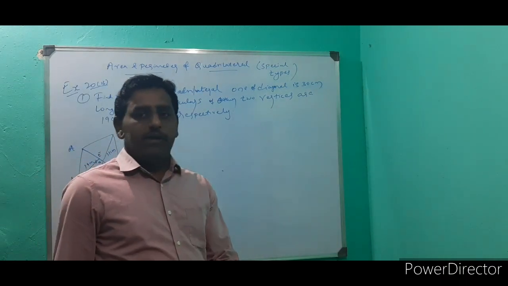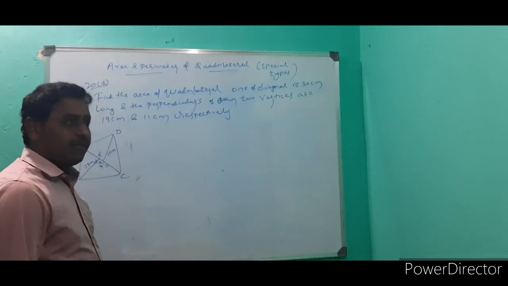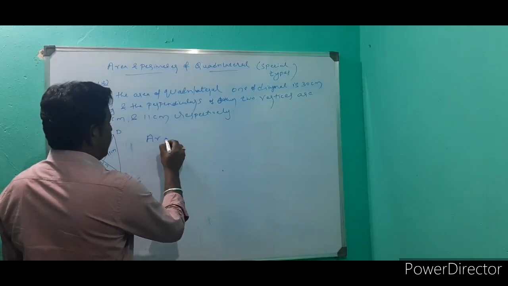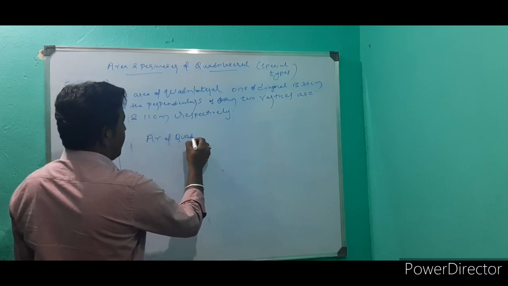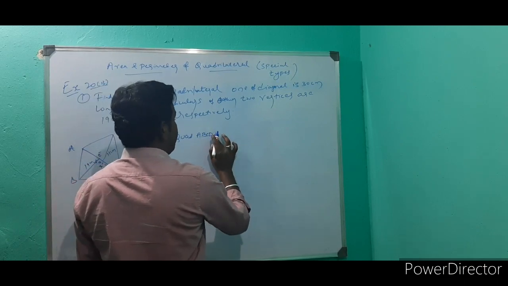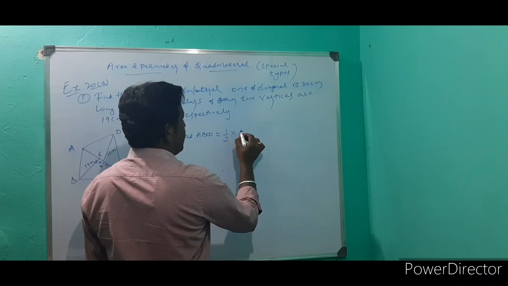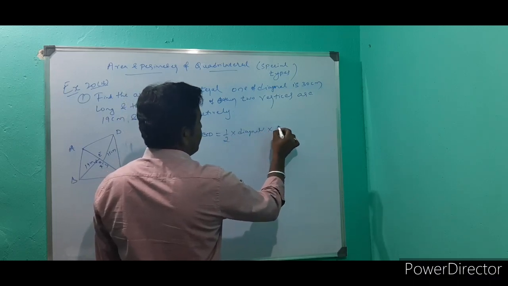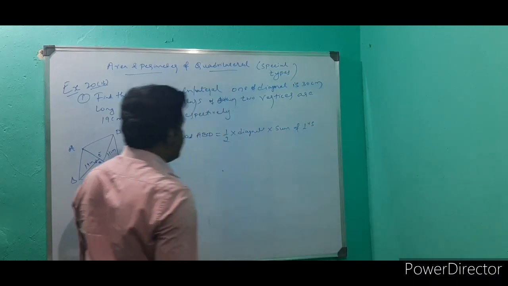You know the formula to find the area of a quadrilateral if they are given one diagonal and perpendiculars. Area of quadrilateral ABCD is equal to half into diagonal into sum of perpendiculars.